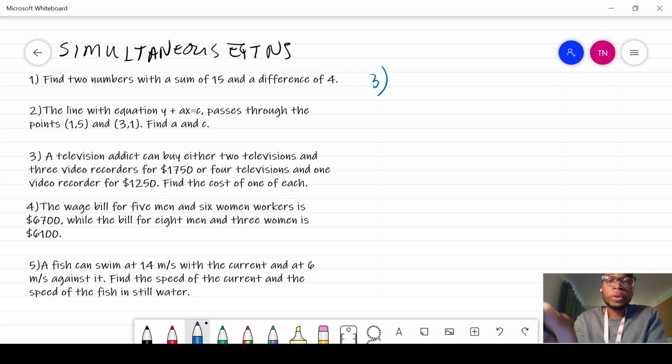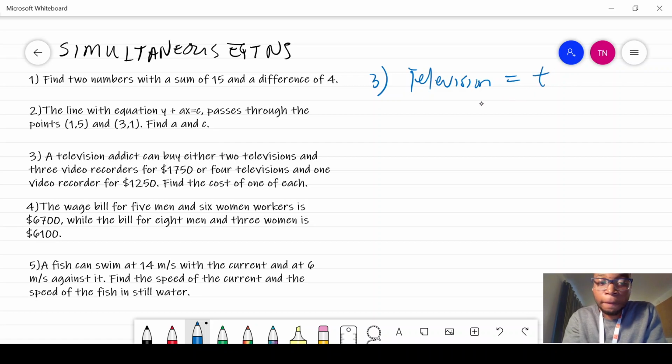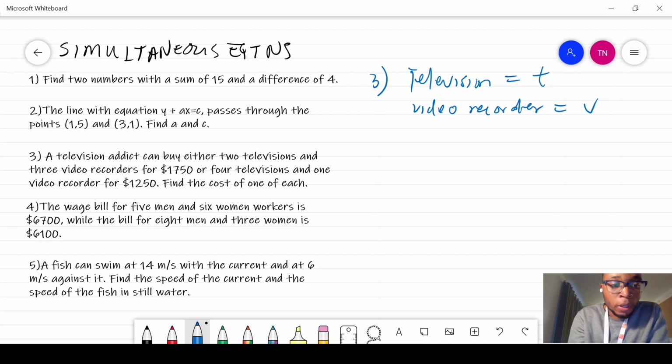So to do this, we're going to assign the television the variable T. Then the video recorder, we're going to assign it the variable V. So from this equation that we have here, we are told that they can buy 2 televisions.